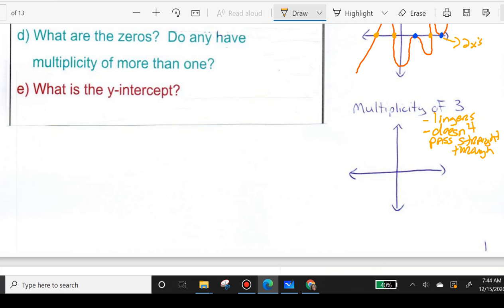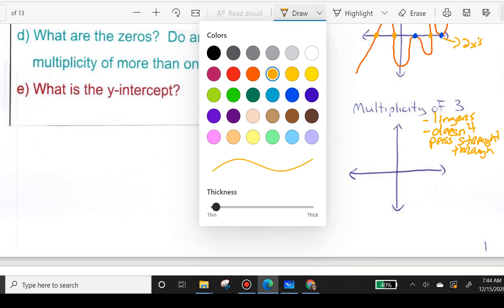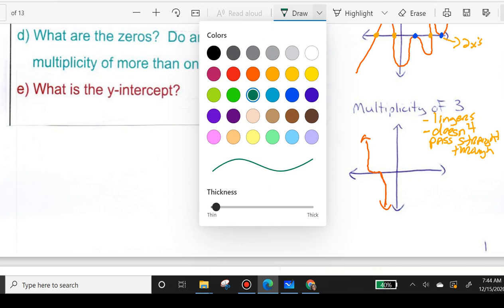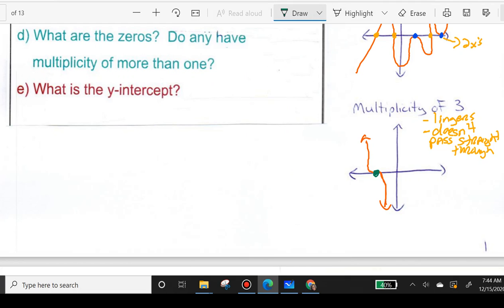So when it's going to be a multiplicity of 3, it's going to basically take on this effect. It's probably not going to last quite that long as I've sketched it here, but it's going to definitely linger a bit, something like that. It's not going to go straight through and keep going. So this here is an example of a multiplicity of 3.